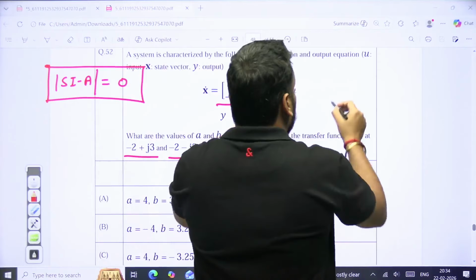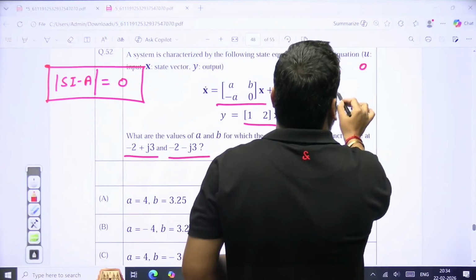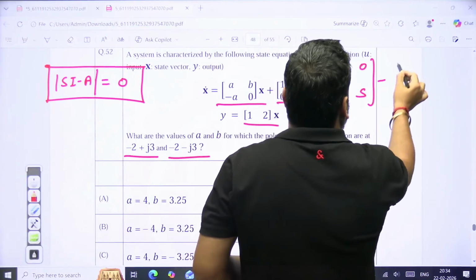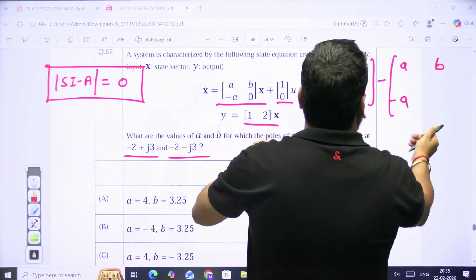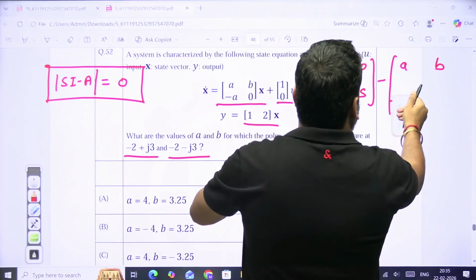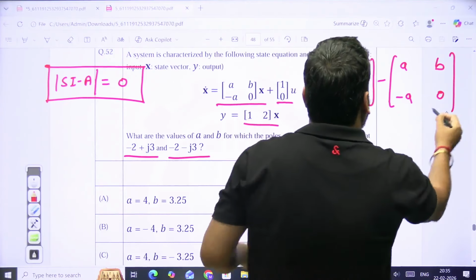So if this is the A matrix, can I write sI minus A? sI means if I multiply by I, it will be s, 0, 0, s. Then minus A, so we write here a, b, minus a and 0.